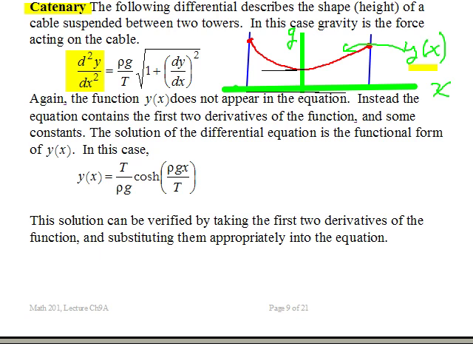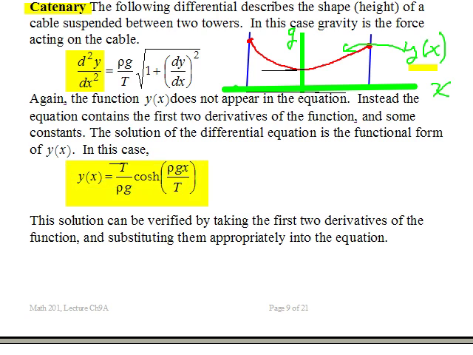So here we have the same idea. We don't even have the function y itself in here. Instead, we have a relationship between the second derivative and the first derivative. The goal is to find the functional form for y, and this is what it is.